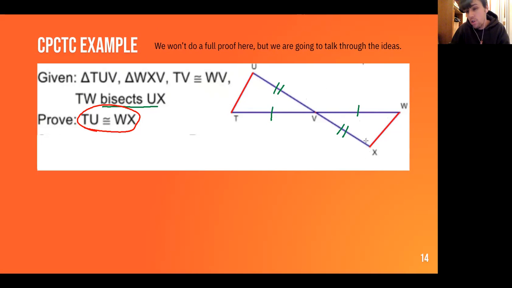There's no relationship between those two sides, like a midpoint or anything else that would let me say this. So the only way to go about it is to demonstrate that these two triangles, TUV and WXV, are actually congruent to each other. And since these parts appear to be corresponding, then they would have to be congruent.